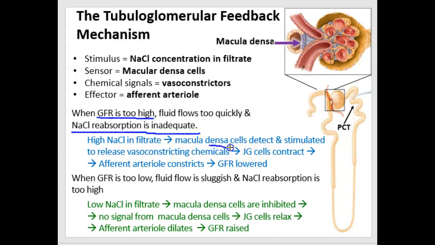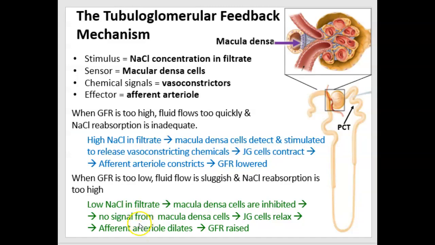So the macula densa cells detect that high sodium chloride and stimulate vasoconstricting chemicals, and therefore the JG cells contract, the afferent arteriole constricts, and now glomerular filtration is lowered. Okay, so the fluid will slow down.